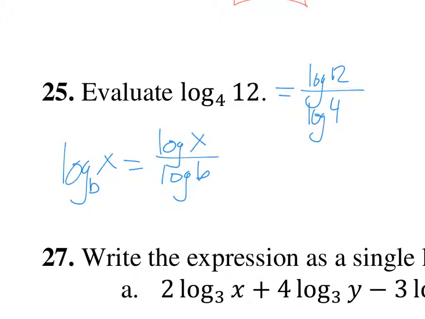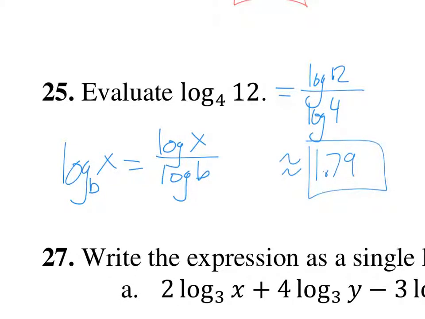All right, over here on 25, we're going to use the change of base formula. Log base b of x is log of x divided by log of b, so we're going to have log of 12 divided by log of 4. Use your calculator. Don't forget to close your parentheses. Log of 12, close the parentheses, divided by log of 4. Gives us about 1.79.